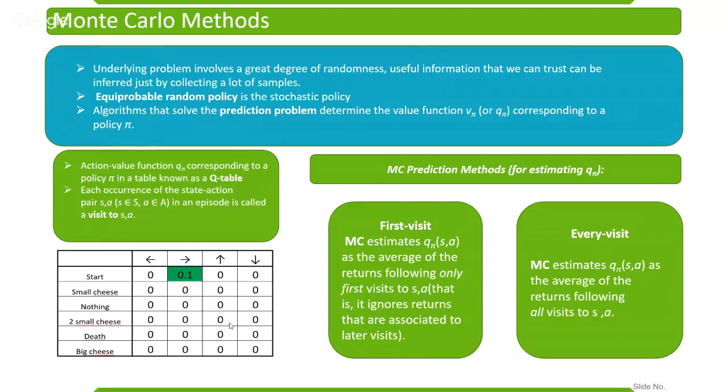Say for example, if I take the same grid world problem and I say that your agent is a mouse which is looking for cheese. You have small cheese in some of the grids and nothing in some of the grids, and you have two small cheeses, and in one of the grids, if the agent moves towards it, it will die, and then there is a big cheese.